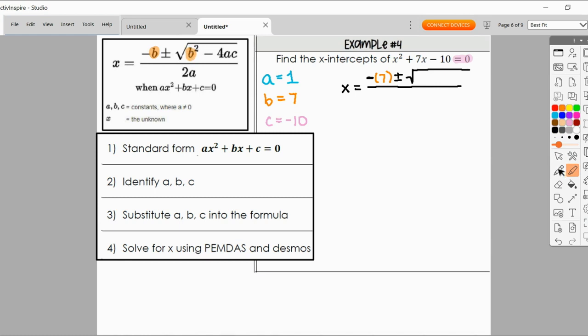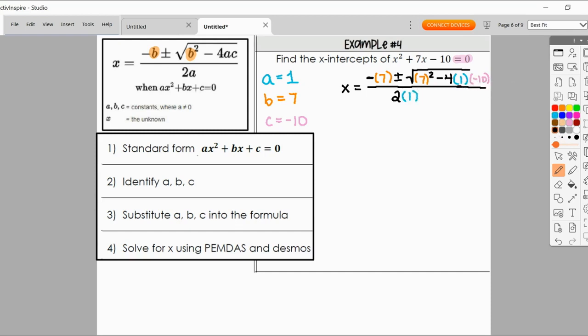And it's going to be plus or minus the square root of, instead of b, I'm going to have 7 that I will square. Minus 4 will stay, but in place of a will be 1. And in place of c will be a negative 10. It's going to be all over 2, and instead of a, I'll put a parentheses with 1.